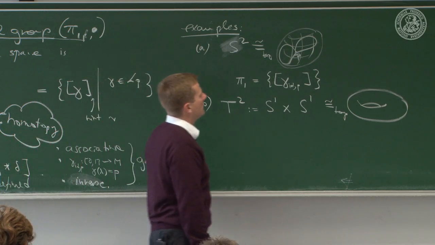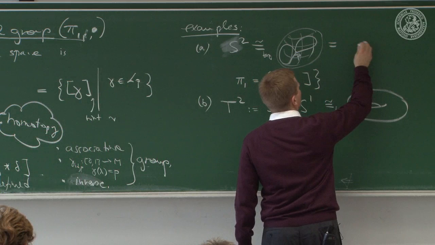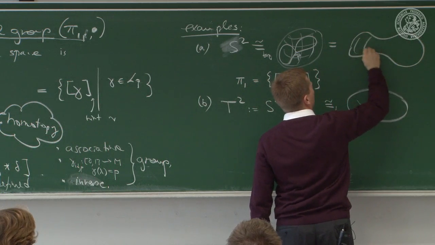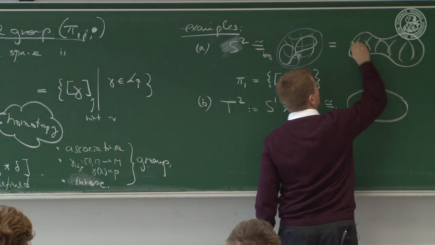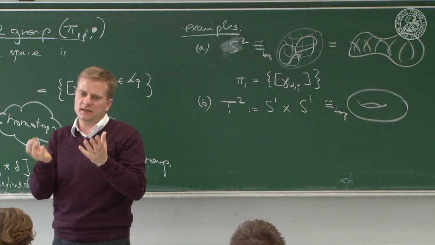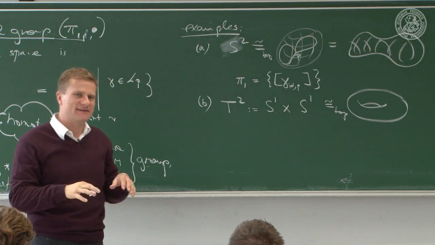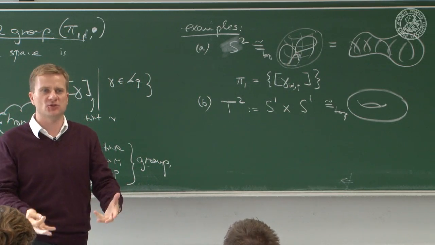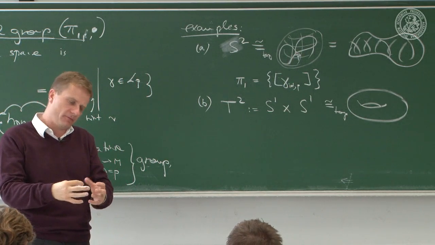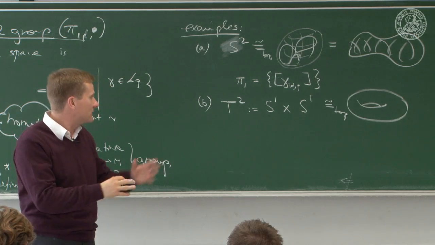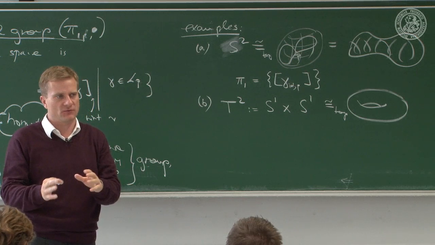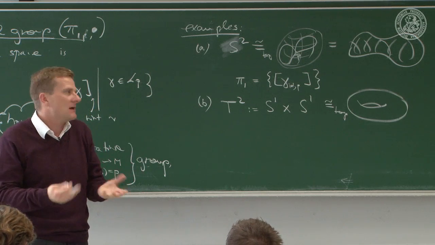By the way, up here it wouldn't have made the slightest difference if I had drawn the sphere like this, because shape is something that is an intuition of ours, but topology doesn't provide a shape. Two spaces of different shapes like these two are actually homeomorphic. So through the glasses of topology, they are the same.